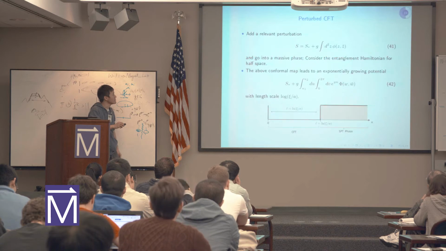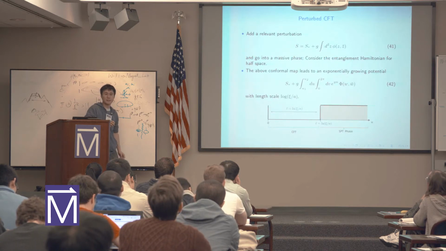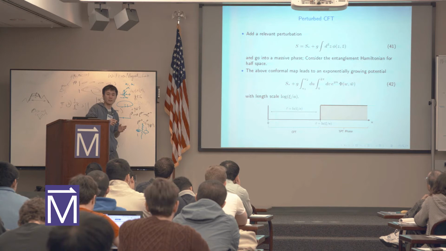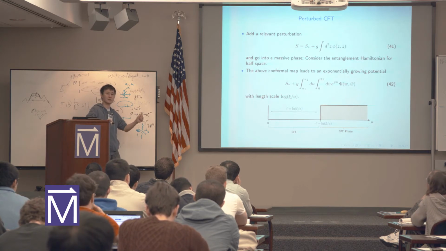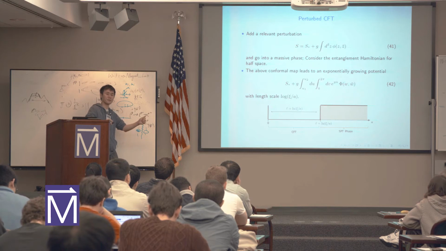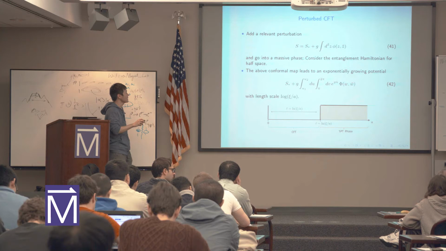Right. So far I've been discussing conformal field theory at the critical point. If there's no question, I will move on to a case where we perturb the conformal field theory. Okay. Yeah. So let's now move on.